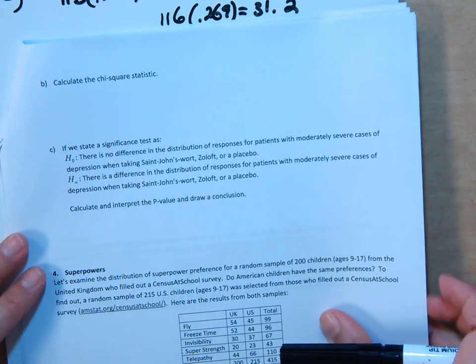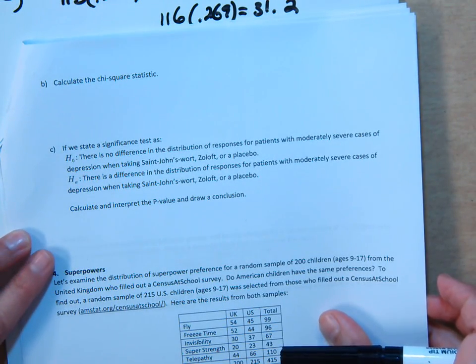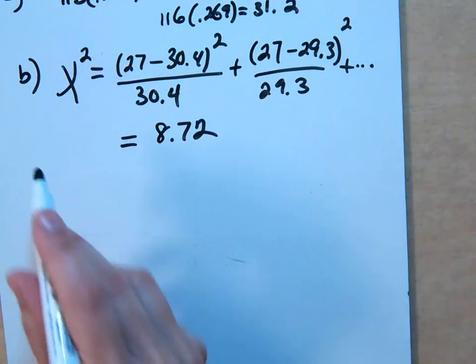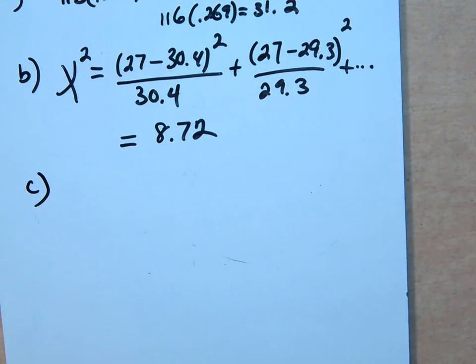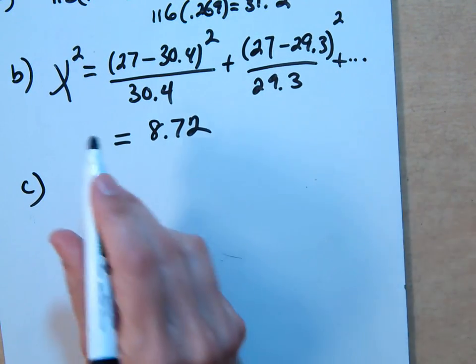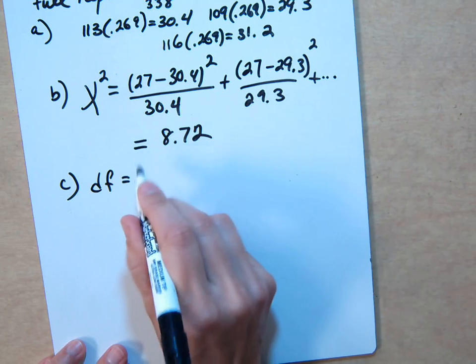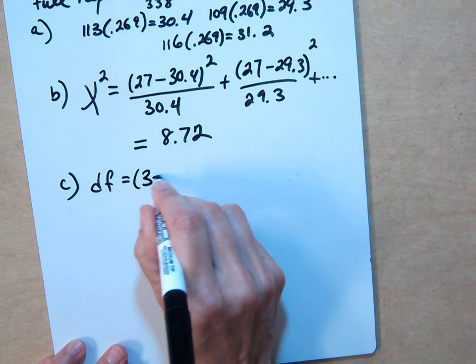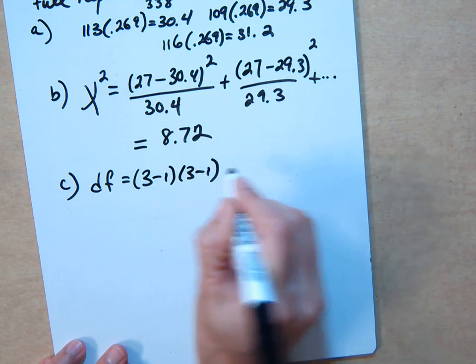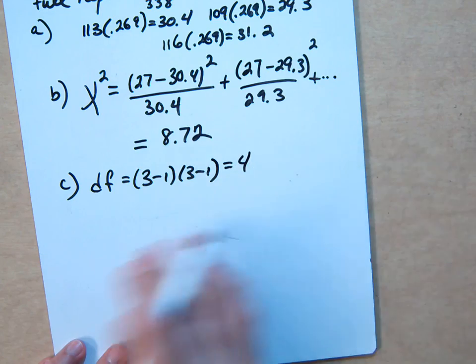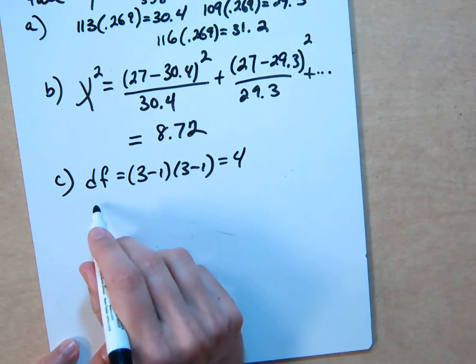So part C then is we need our degrees of freedom. So you would say degrees of freedom is there's 3 rows and 3 columns. So 4 degrees of freedom using the formula from your notes.